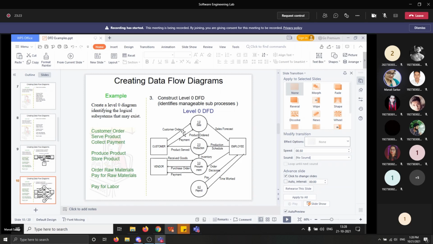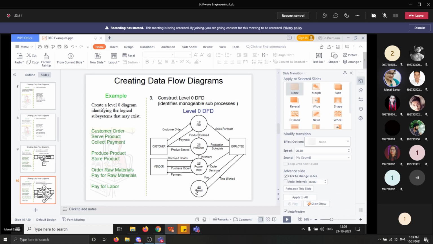Customer is ordering. This is level 0, with processes 1.0, 2.0, 3.0, 4.0 in this way.